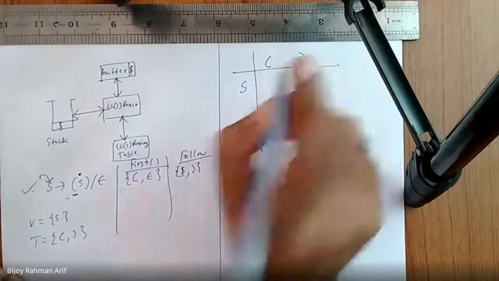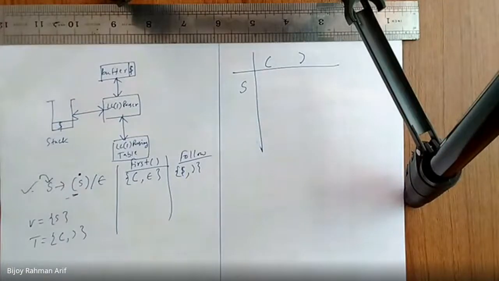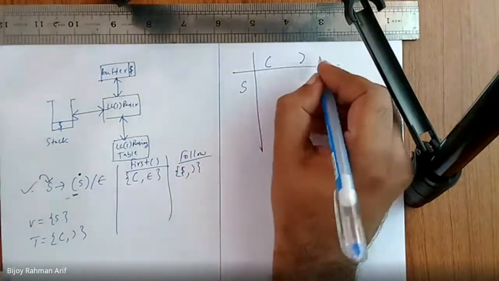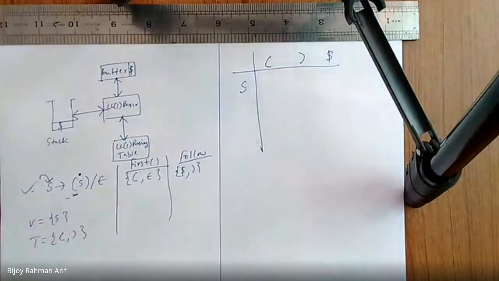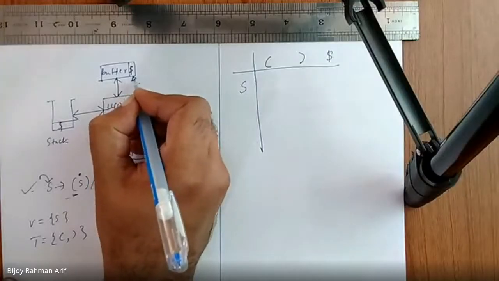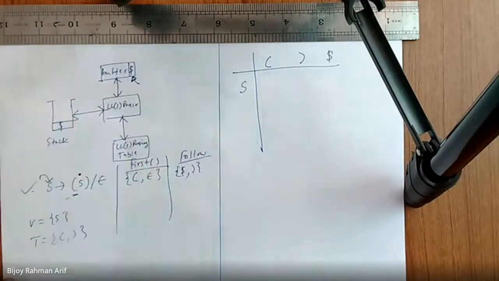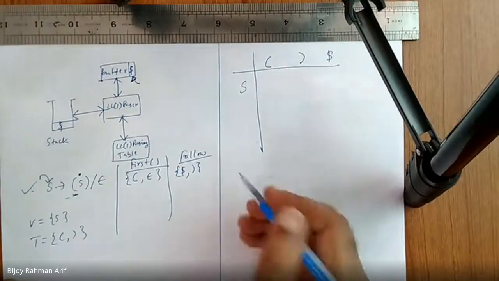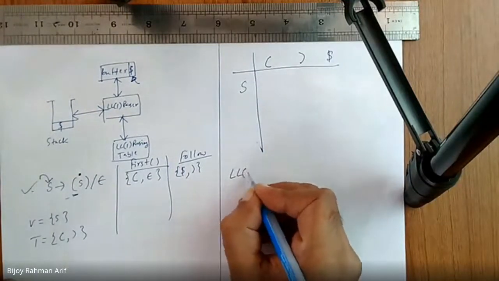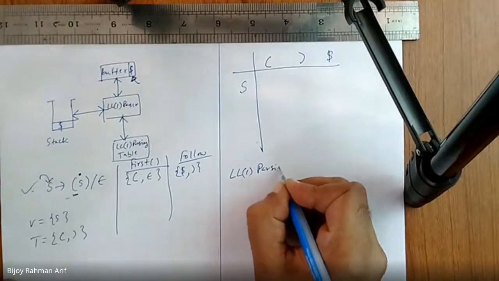Open parenthesis, close parenthesis, and there is one more terminal, that is nothing but dollar, because we actually put a special symbol at the end of the buffer. So dollar must appear in the string. Am I right? Okay, now see, LL1 rules are very simple.